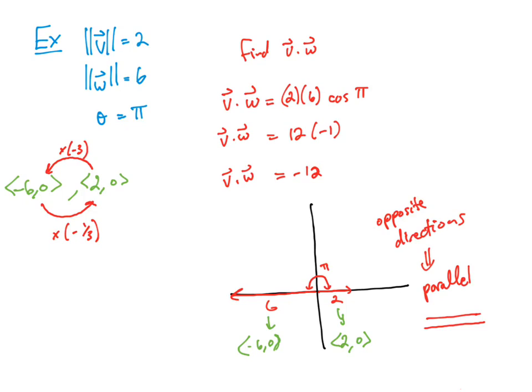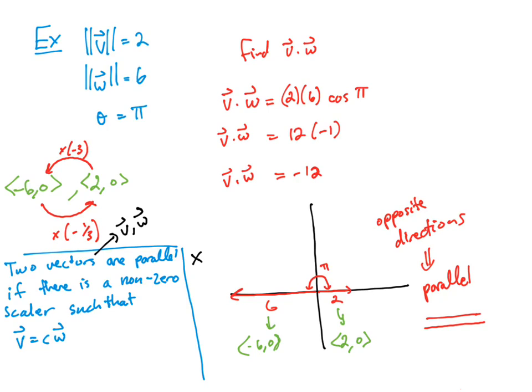In either case, if we have two vectors and there exists a scalar, just a constant value like this, that I can multiply one vector by to get the second vector, that means these vectors are parallel. So let me write that down.